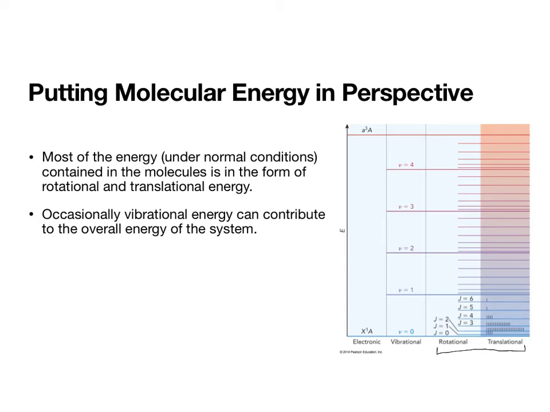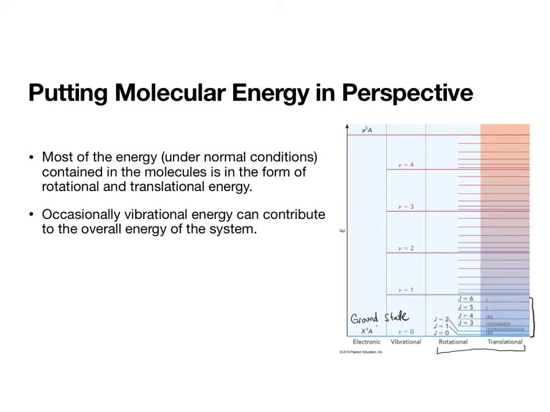So that means that we are in our ground state for both our electronic and our vibrational energy, and then we can have population of higher rotational levels. And remember that translational energy isn't quantized, and so that means that translational energy is something that all molecules have.